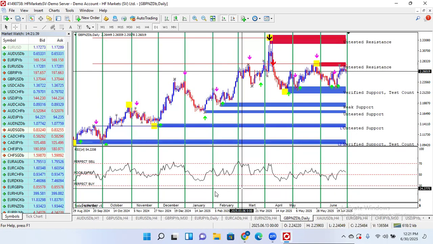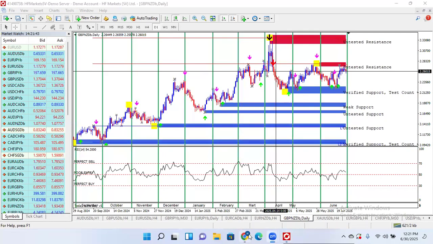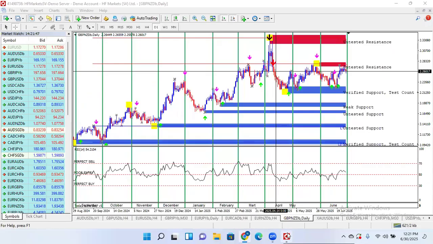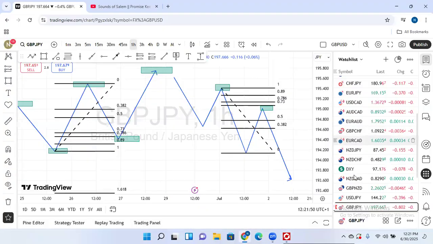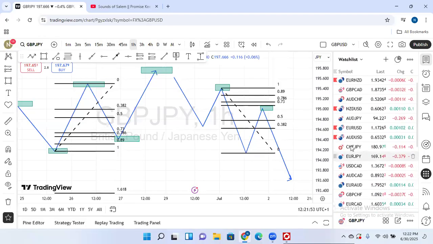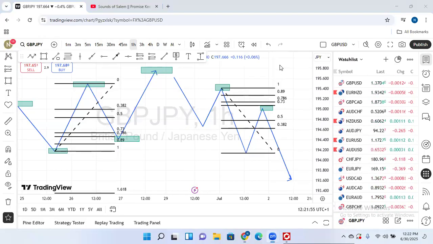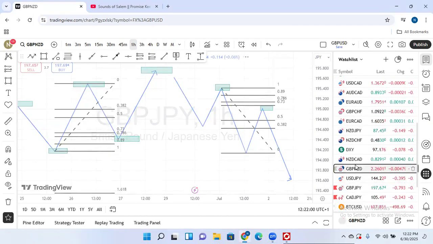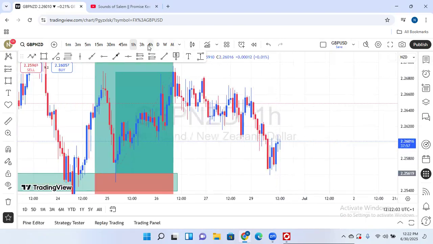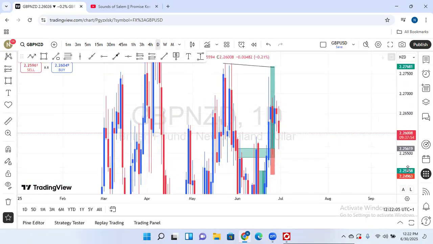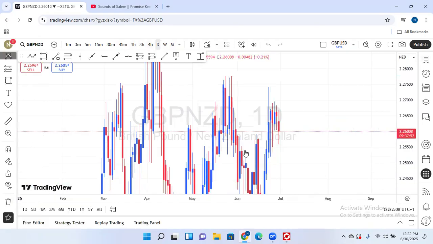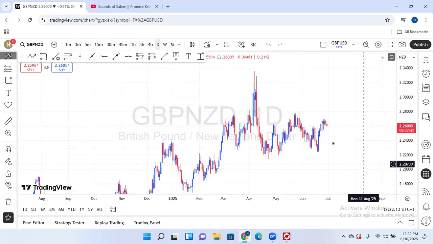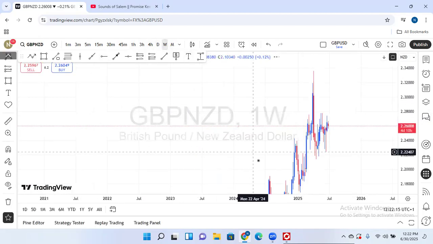Now, if I show you normal plain chart analysis, let me show you on GBP. So you see, it's just normal breakout and retest that we have there. Let me remove everything. Let's go to weekly first.